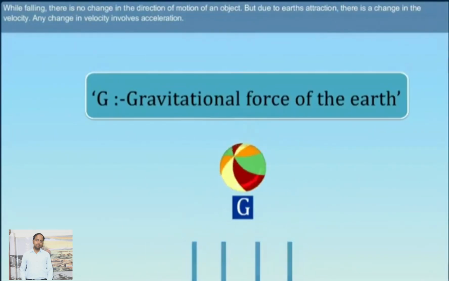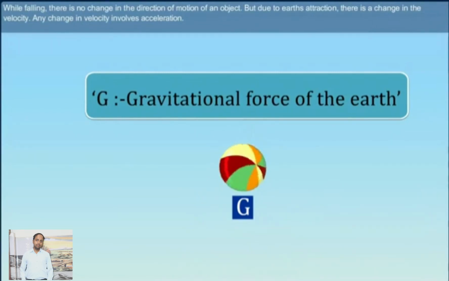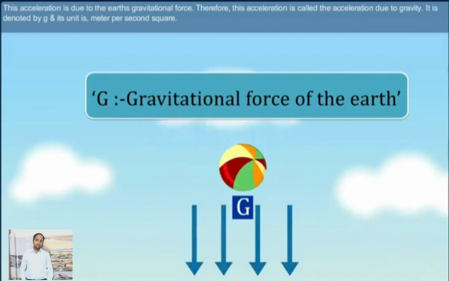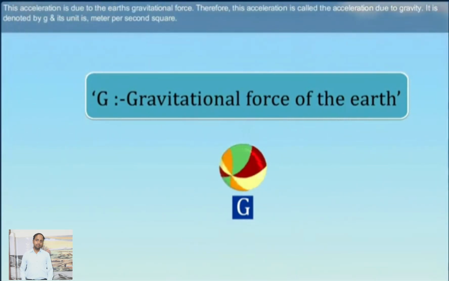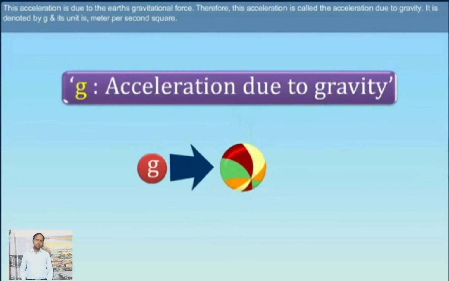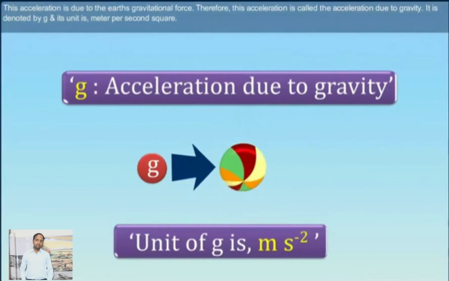But due to Earth's attraction, there is a change in the velocity. Any change in velocity involves acceleration. This acceleration is due to the Earth's gravitational force. Therefore, this acceleration is called the acceleration due to gravity. It is denoted by g and its unit is m s raised to power minus 2.